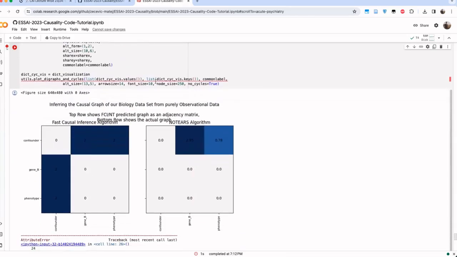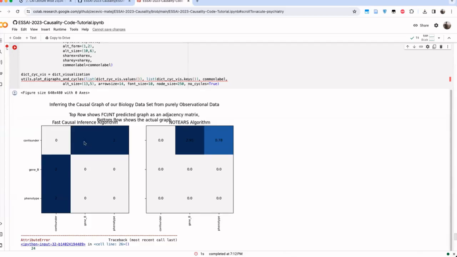As you see here now, on the left-hand side, we have FCI, and on the right-hand side, we have NOTEARS. FCI is predicting an undirected graph. It's just giving you the symmetric matrix, right? So it's saying that there's an edge from gene B to confounder, but also from the confounder to gene B. So really, it's just recognizing the structure, right?